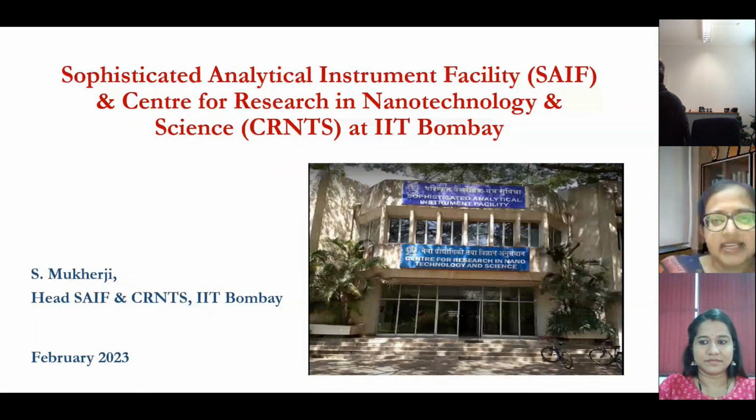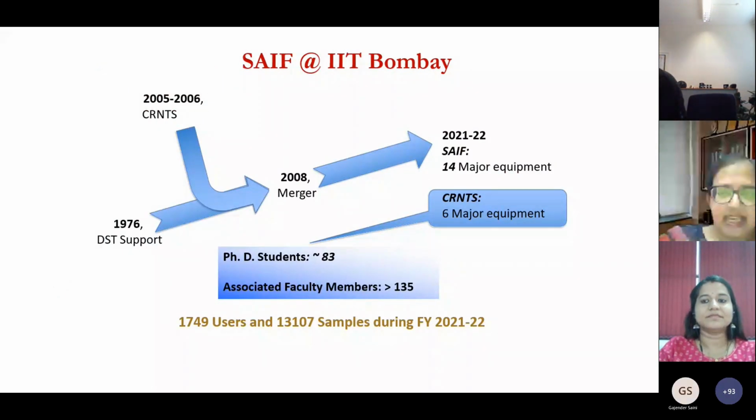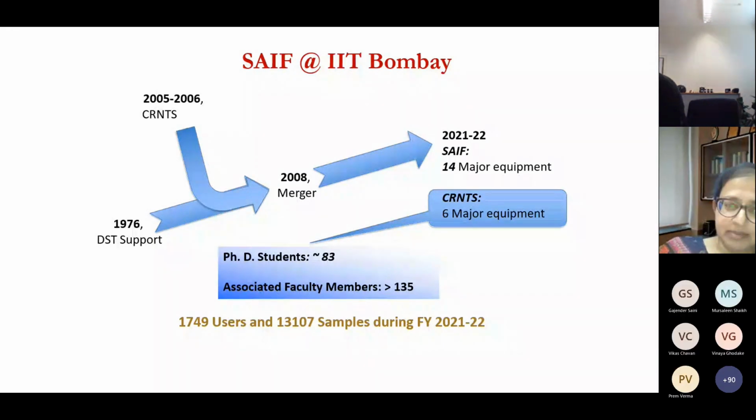SIF and CRNTS is a facility where we have various sophisticated analytical instruments. It was first started with DST support in 1976 as SIF, and then we formed CRNTS in 2005. Subsequently, the two were merged together in 2008.